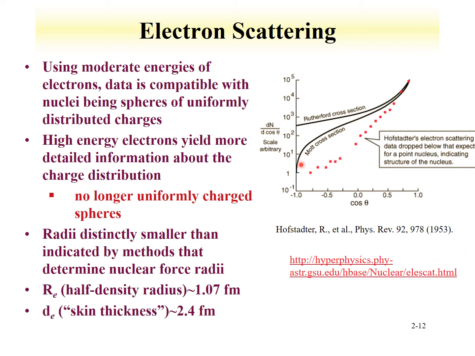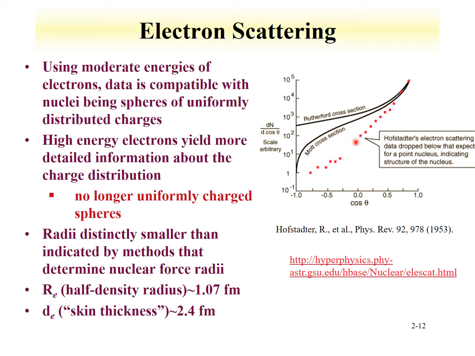This shows scattering of electrons. One would assume a Rutherford type cross-section, or a Mott cross-section, which was earlier work. And then this Hofstadter data shows that the cross-sections are lower and indicates structure of the nucleus.